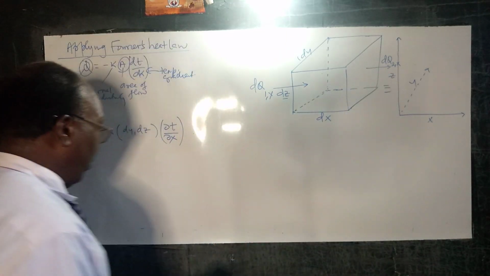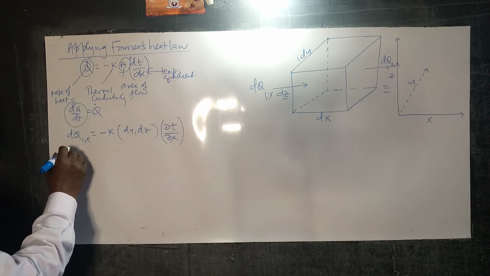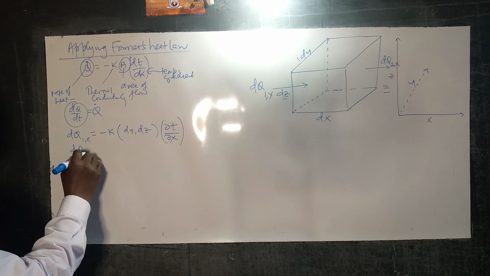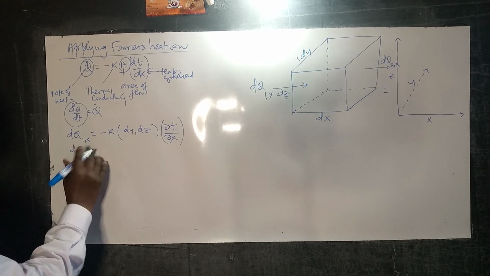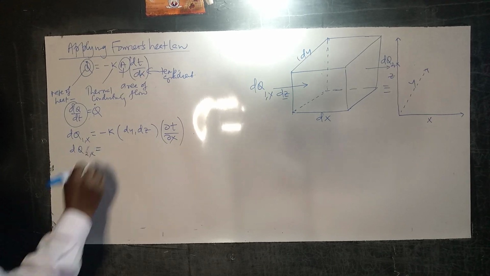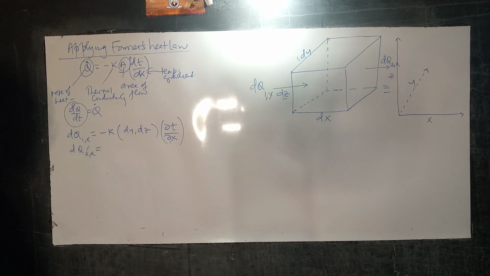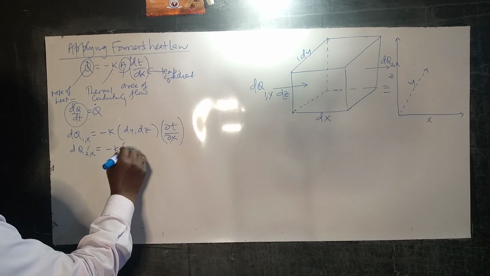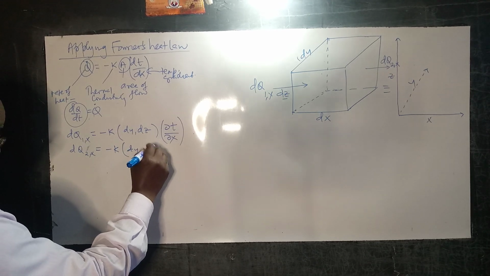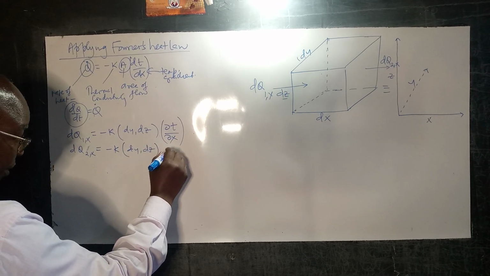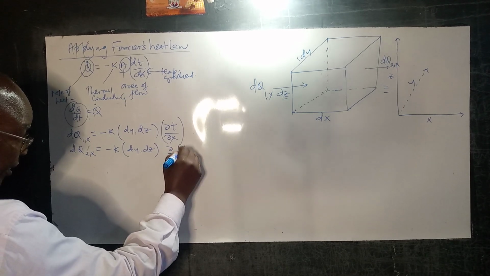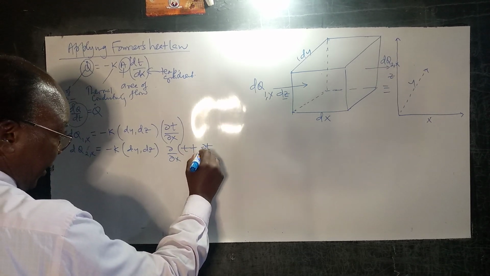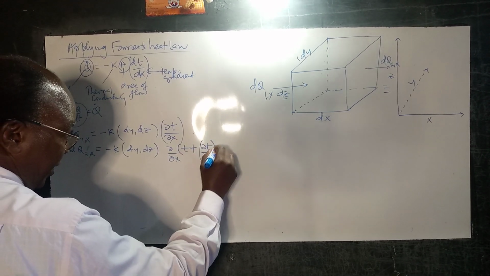And the heat flowing out of that system is dq2x. It's a cumbersome notation. dq2x will be minus k dy dz times d by dx into T plus del T del x dx.